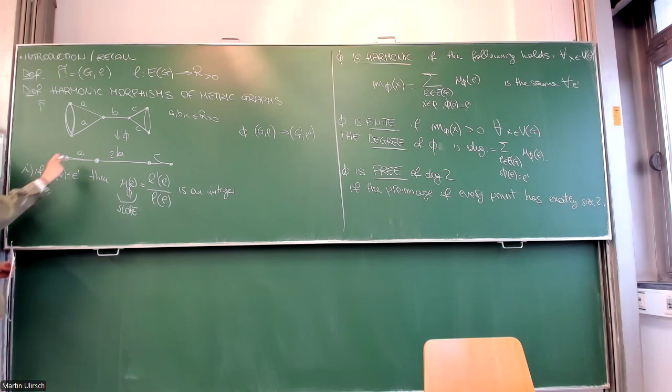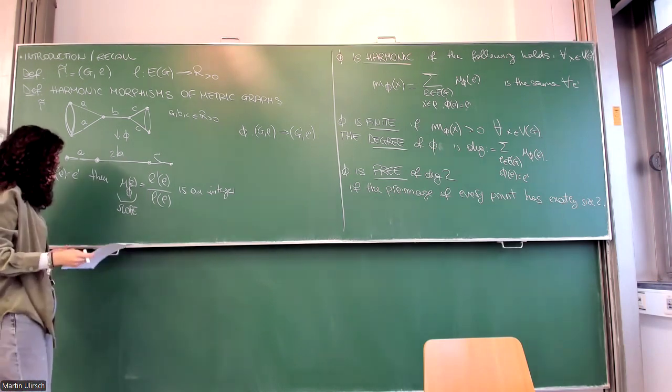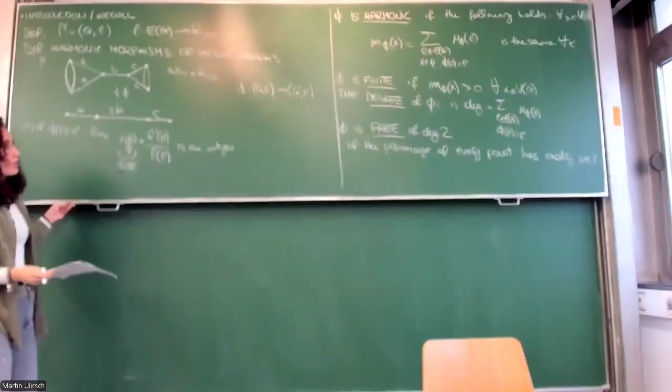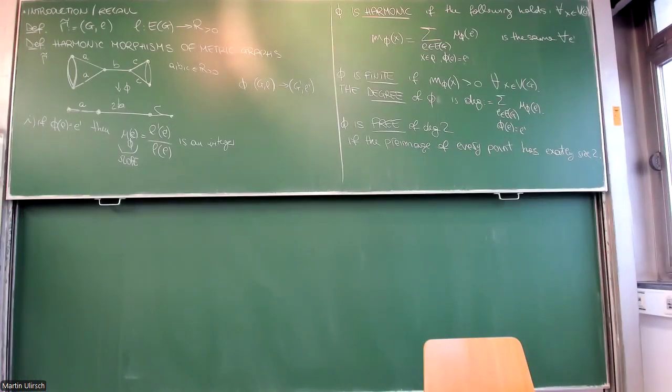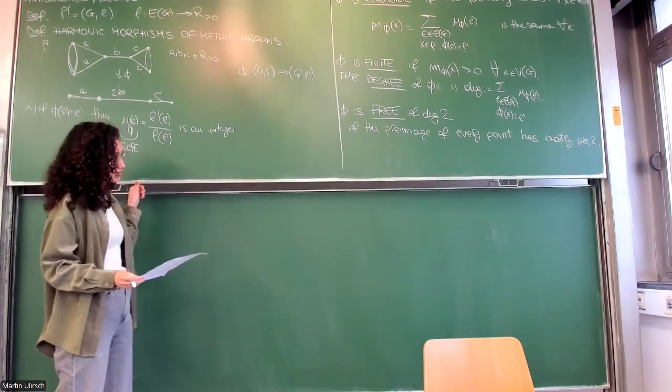In the free case, we always have the preimage as 2 distinct points or 2 distinct edges. And we will restrict ourselves to double covers of metric graphs. A double cover is a harmonic morphism of degree 2.